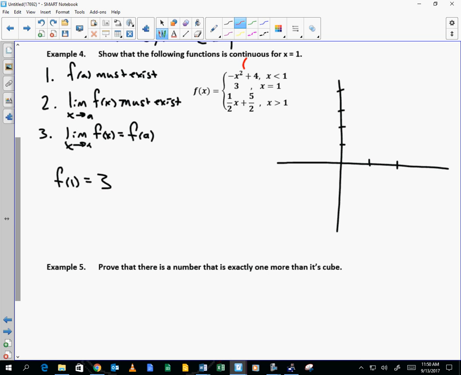So I'm going to plug in 1. When we plug in 1, what do you get? Positive 3. Open or closed circle? Everybody okay with that graph? So what then is the limit as x approaches 1 from the left? Everybody agree?